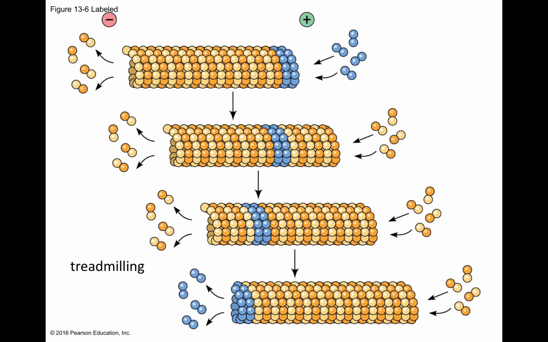There is a phenomenon that can happen where you are adding things to the plus end, and at the same time you're subtracting things from the minus end, such that if we followed individual tubulin dimer doublets, and followed the fate of those as this microtubule matures, you'd see that they start off on the plus end and then they end up being on the minus end, just because you're adding things to the plus end and subtracting things from this end.